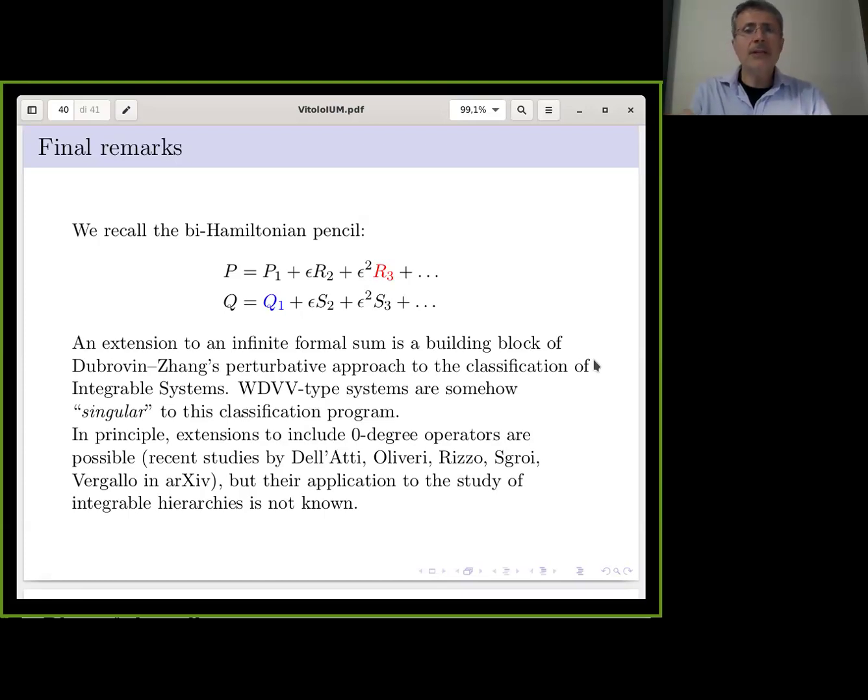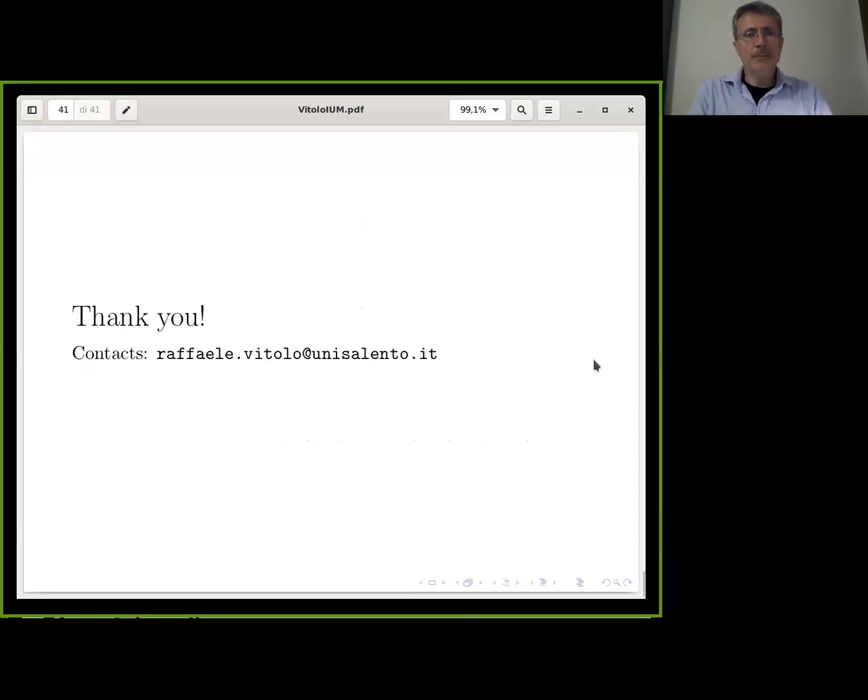We can do different things, or consider different ansatz, and instead of conservation laws of the previous form, which are first-order systems, we could consider second-order or third-order systems of conservation laws. But then the point is, do we have examples that justify the effort of spending time on this particular problem? I don't know, maybe in some cases, yes. Okay, and that's all. Thank you very much.